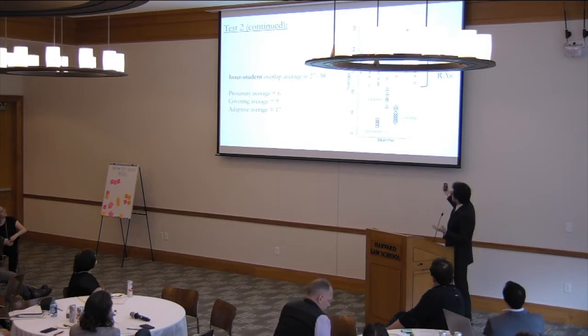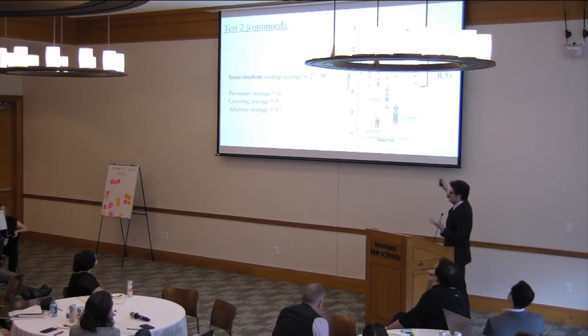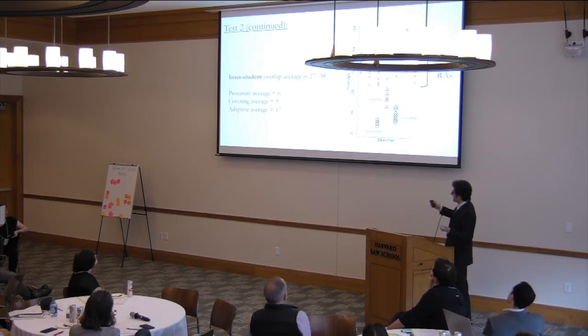In our test, we ended up with these numbers. As you can see, the inter-student overlap average is 27 to 38. Then the performance of human beings is something between 27 to 38. And then when you use the proximity method, you get just 6.